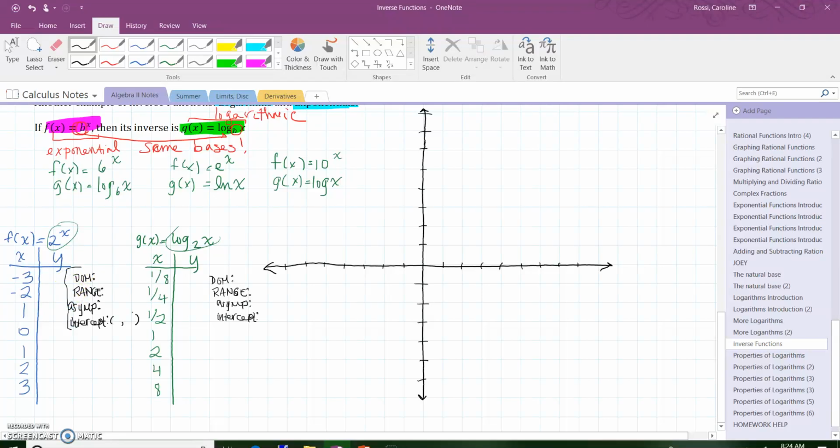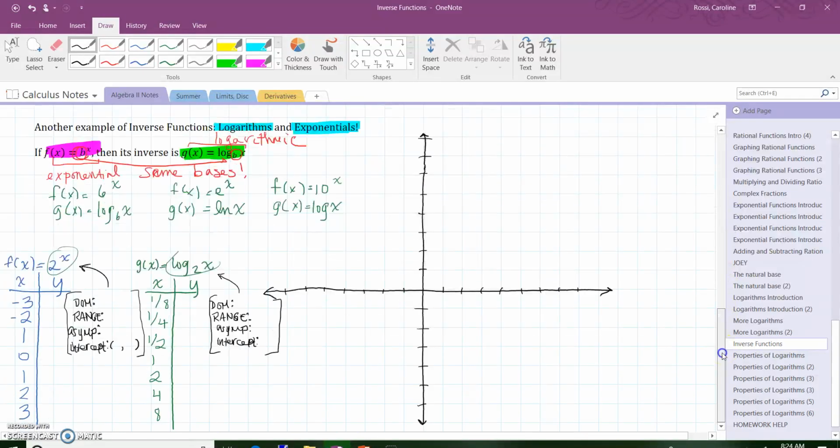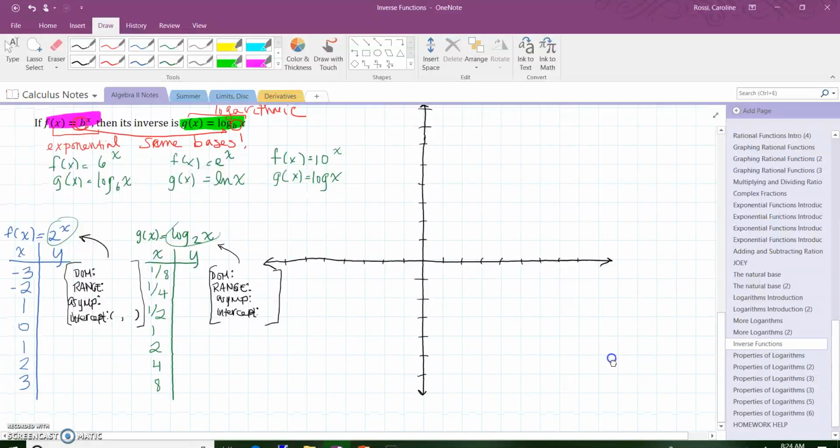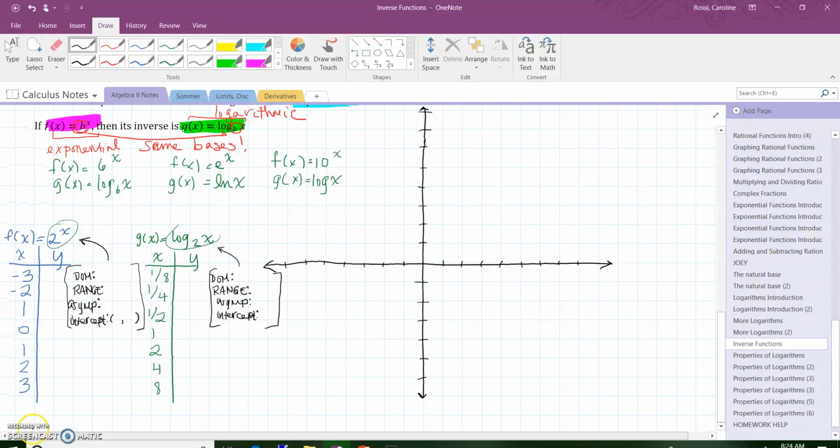Then I want you to fill out both of these chunks of information, one time for 2 to the x and one time for log base 2 of x. Do it after you graph, obviously. You should notice the same thing we noticed above with the tables and the graph. And then once you're all done with graphing and filling out all the information, then I want you to unpause and check. Now, it's important that you do this on your own so that you can see what's going to happen. No calculators when you do this.